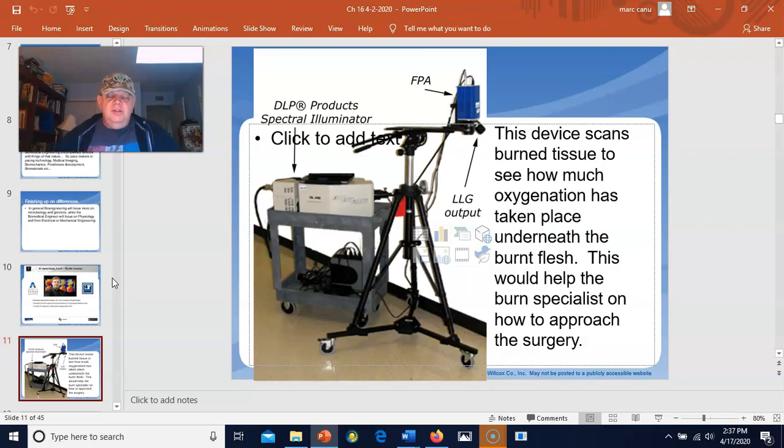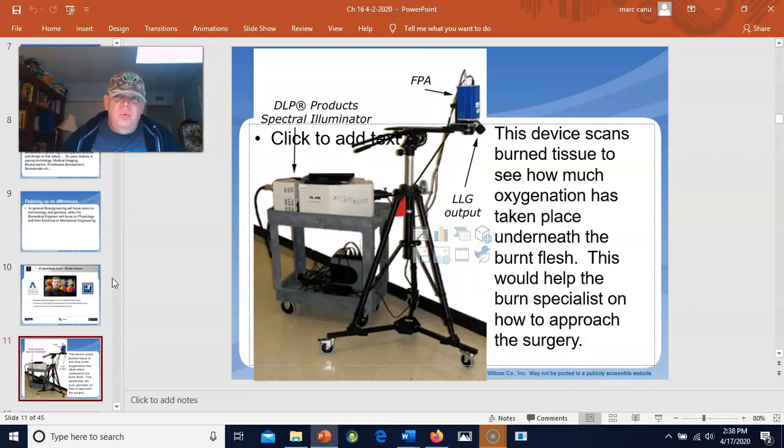But the question is, on the surface, you can't tell how much damage. Has the burnt tissue gone all the way to the bone, for example? Okay, this is some pretty serious stuff. So this device scans the area to see how much oxygen is in that area underneath that burned flesh that our eyes can't penetrate.